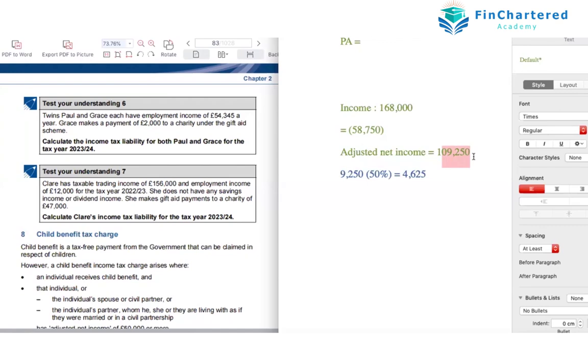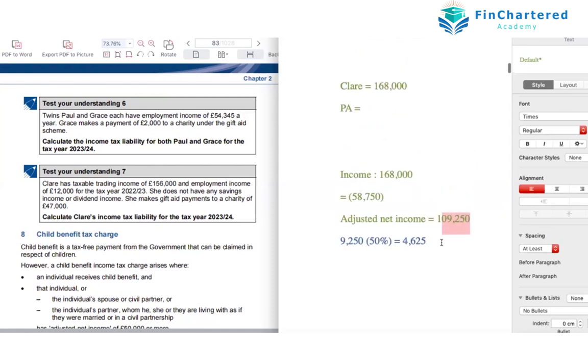Whatever is the excess over 100,000, the personal allowance will drop by 50% of that amount. Excess over 100,000 is 9,250. So the personal allowance will drop by 4,625. And normally the personal allowance is 12,570. So the adjusted personal allowance will be 12,570, from which 4,625 will need to be deducted.